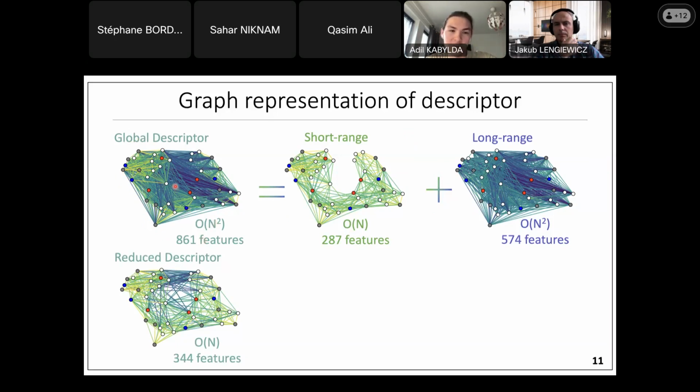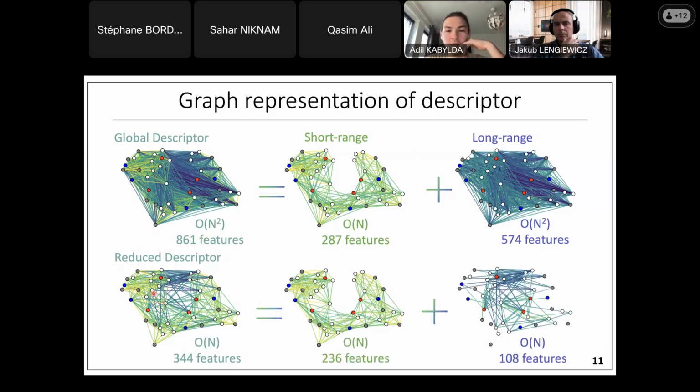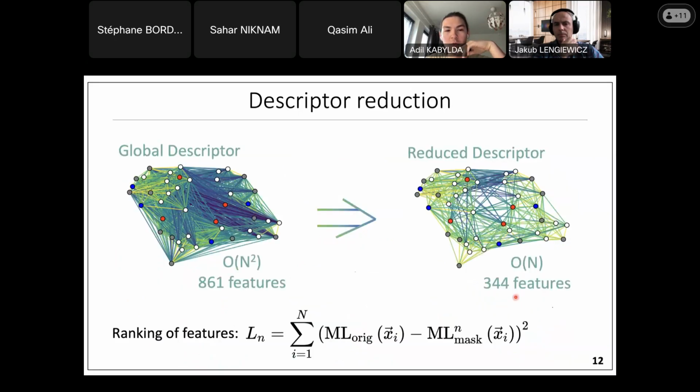So we developed a way to go from the global descriptor to a reduced one. And here, the short-range part remains basically unaltered, and the long-range part gives a much sparser graph and still gives you good accuracy.